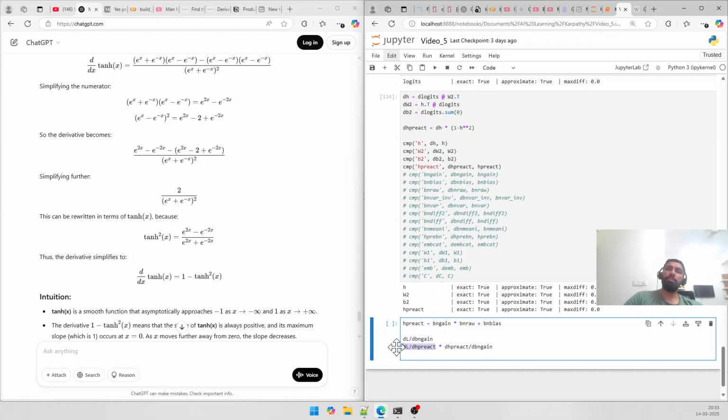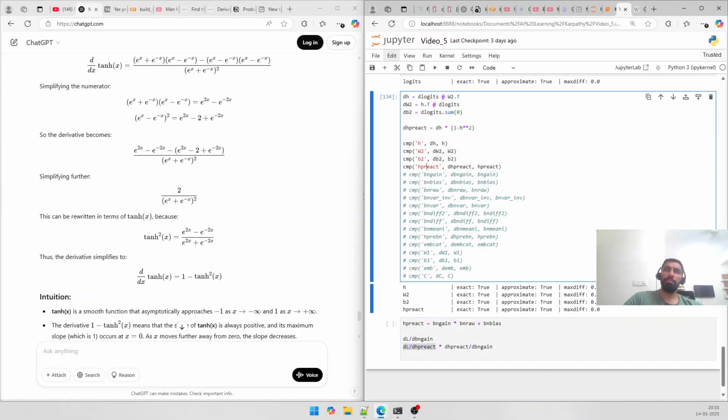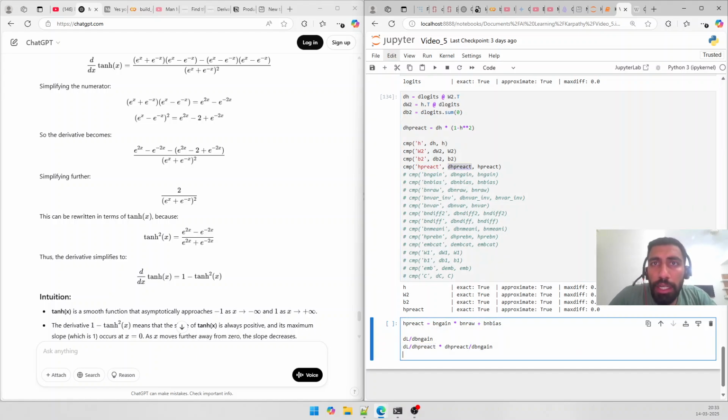First part is anyway what we have calculated. That will be DHP react by BN raw.